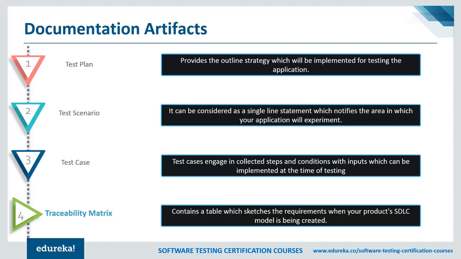So this is how you put a traceability matrix. You will have your requirement traceability where you have n number of test cases, and here you have business requirements. The matrix is filled in if the result is passed on both ends. So this is all about the documentation artifacts and the various types of artifacts that are involved in software documentation.